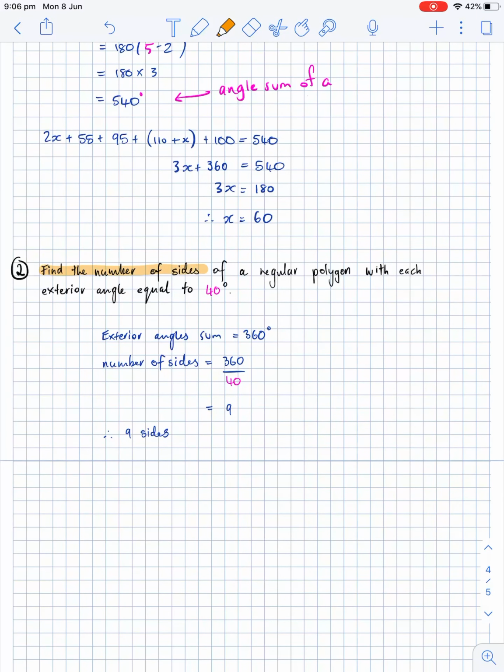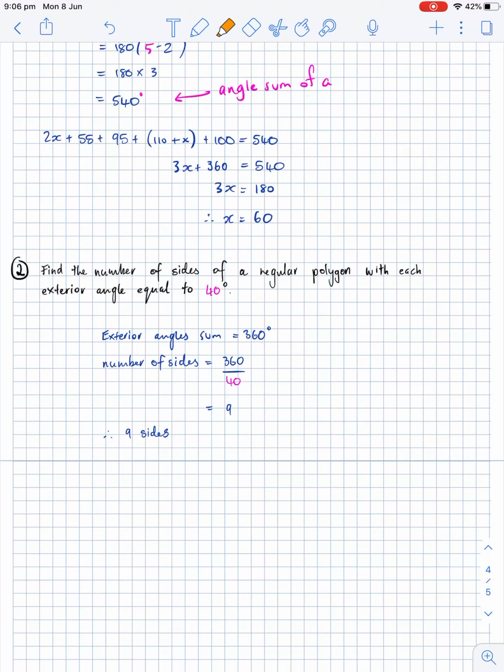Question 2, find the number of sides of a regular polygon. That means all the sides and angles are the same, with each exterior angle being equal to 40 degrees. The idea is we know that all these exterior angles have to sum to 360. So we can figure out the number of sides by thinking, well, on every single side you can make an exterior angle.